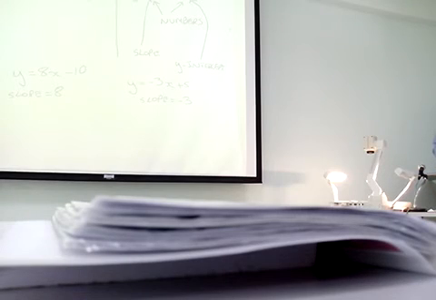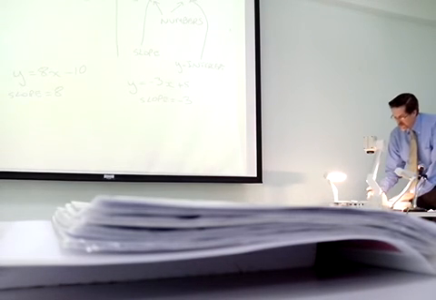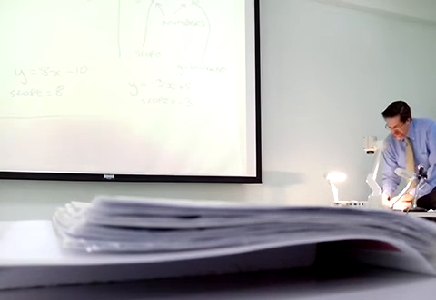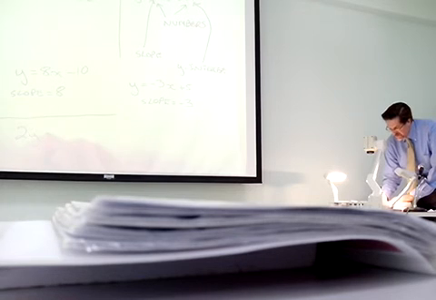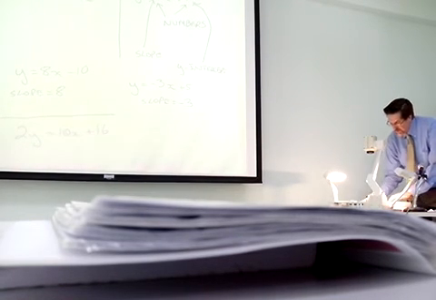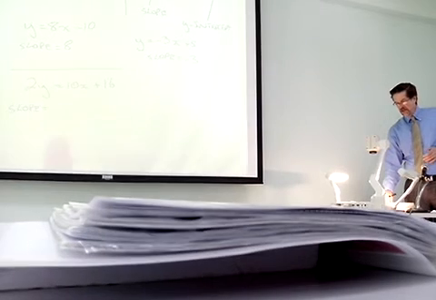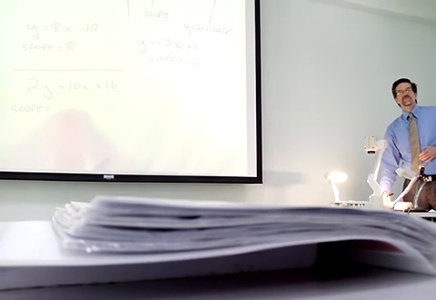If the equation is in that form, it's very easy. Let me give you a different question. What about if we had that one? What is the slope of this equation?